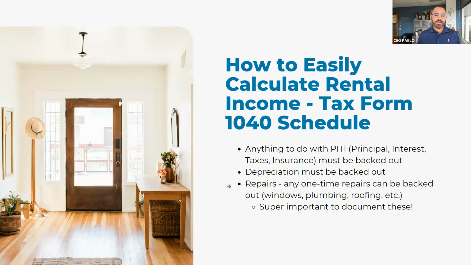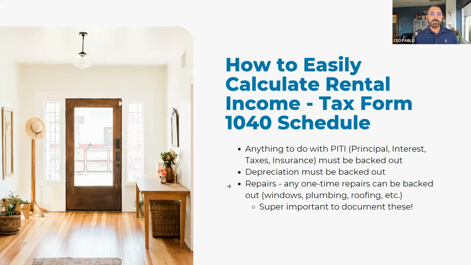When it comes to repairs, most loan officers will just back out or deduct the whole thing. But if you have a borrower that's well organized and has good documentation, then you're going to be able to back out anything that has to do with one-time repairs. And what is a one-time repair? A one-time repair is anything that's not fixed on a continuous basis, unlike maintenance, gardening, a pool, things that are routine, right?